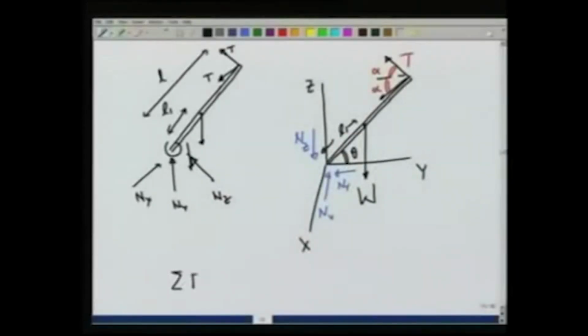So, let us now consider the equations for equilibrium. Summation over f gives summation fx is equal to 0, summation fy is equal to 0 and summation fz is equal to 0. Let us consider forces in all three directions.